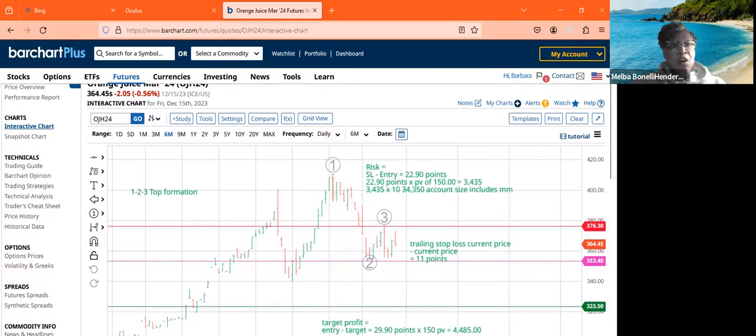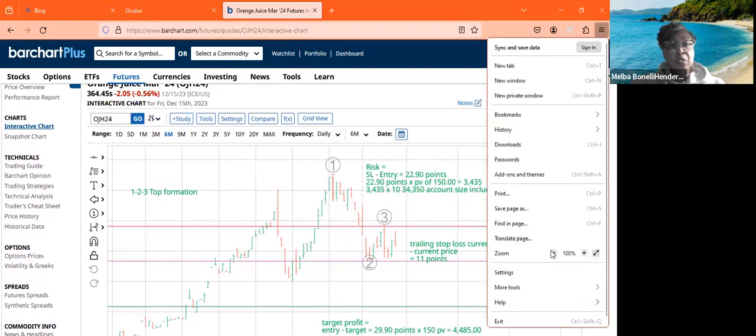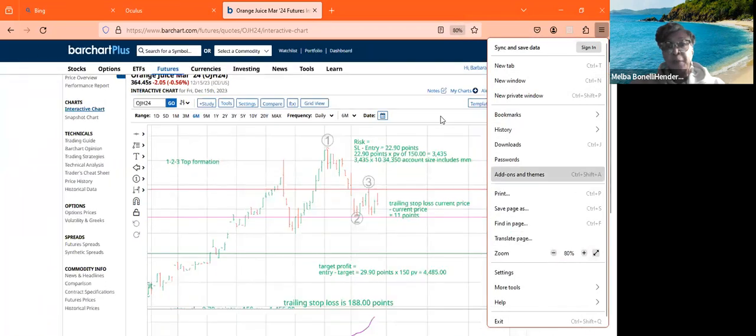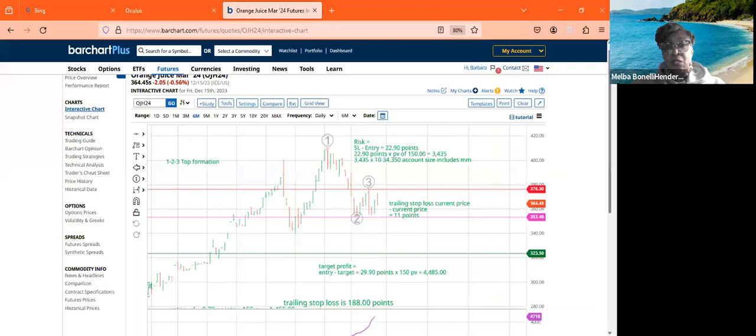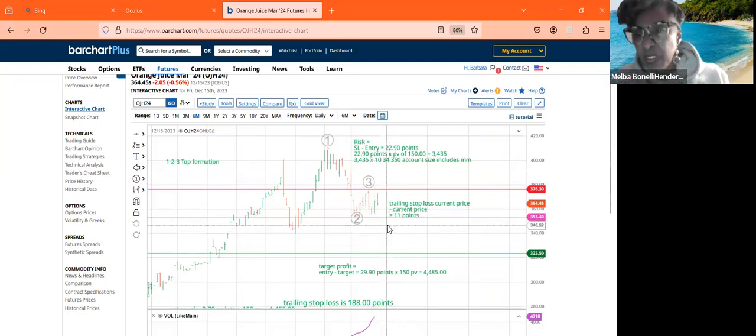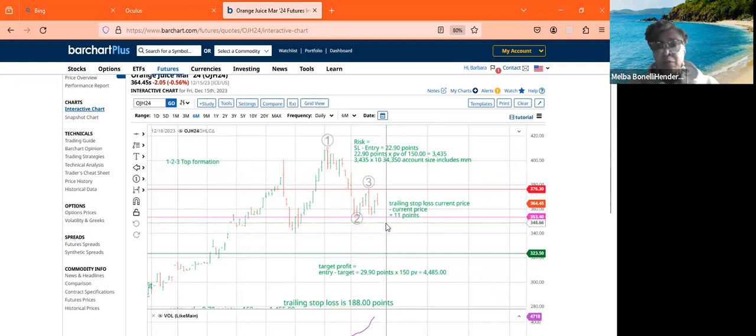So we're looking at orange juice March year 2024. Barbara has marked up a 1, 2, 3 top on orange juice for us. And so we're taught by our mentors to enter right below the number 2, which she has marked with the pink, which is 353.40.